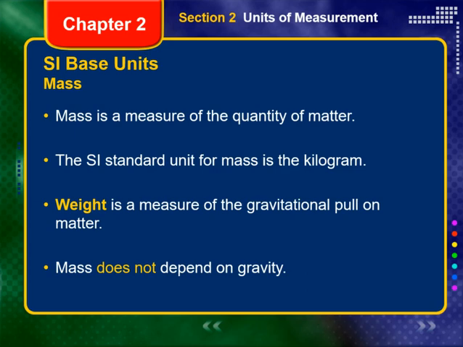Mass is measured on instruments such as a balance, and weight is typically measured on a spring scale. Taking weight measurements involves reading the amount that an object pulls down on a spring. As the force of Earth's gravity on an object increases, the object's weight increases. The weight of an object on the moon is about 1/6 of its weight on Earth.